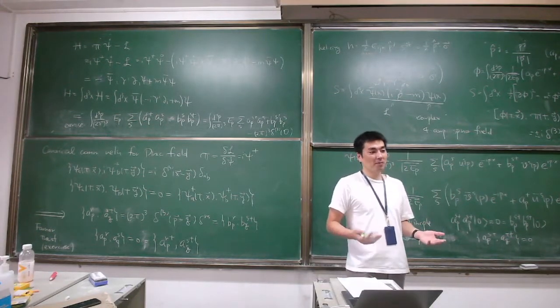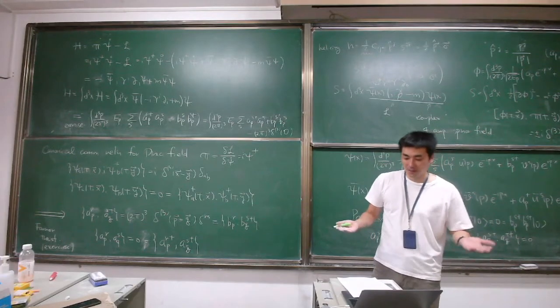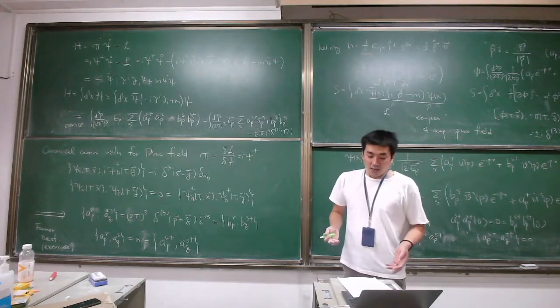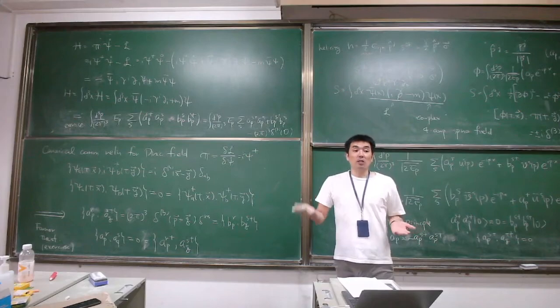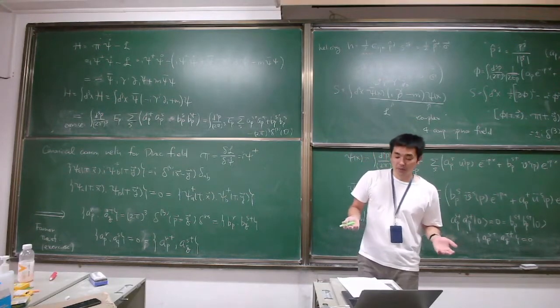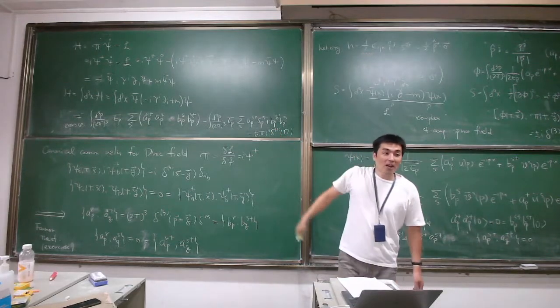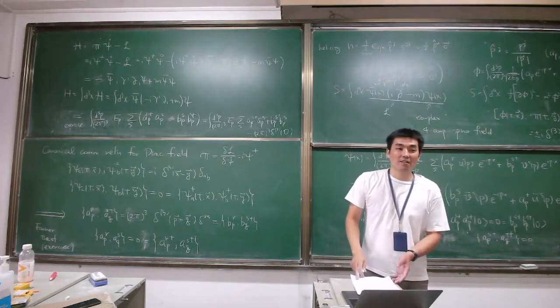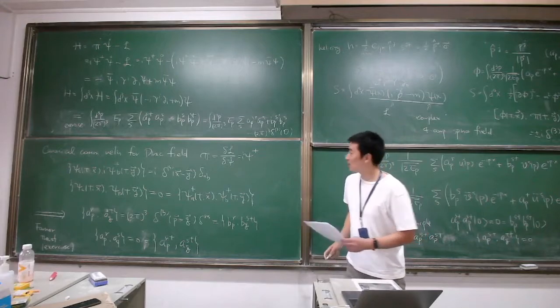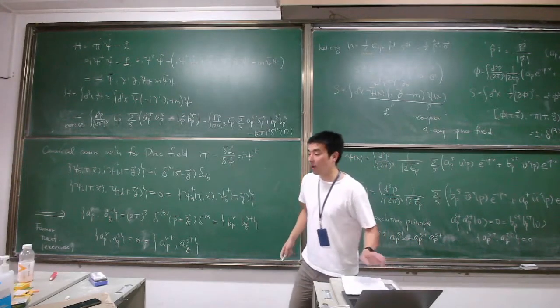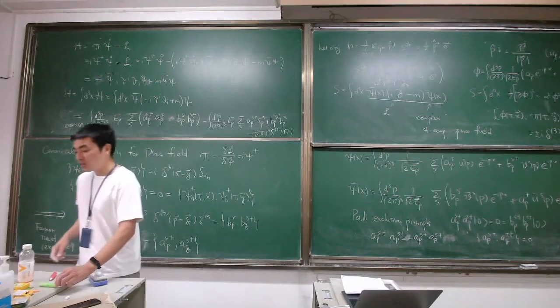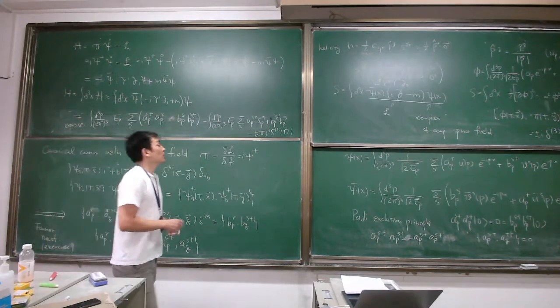If you have a free scalar and a free fermion, suddenly there's a symmetry that exchanges boson and fermion, and then somehow this infinite vacuum energy can cancel each other. But in any case, if you have only fermion, you can treat it as a scalar theory.